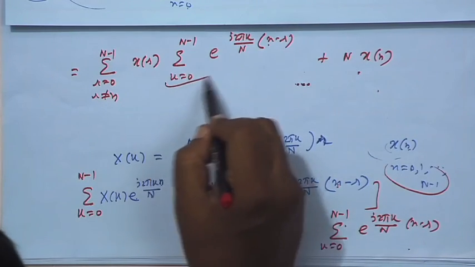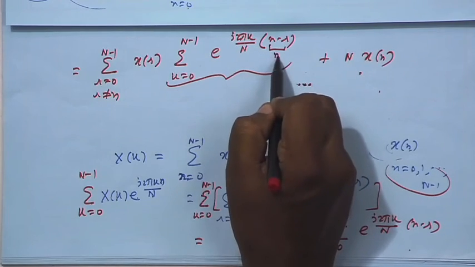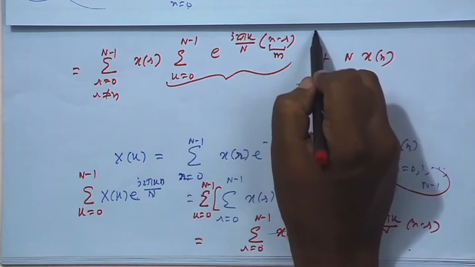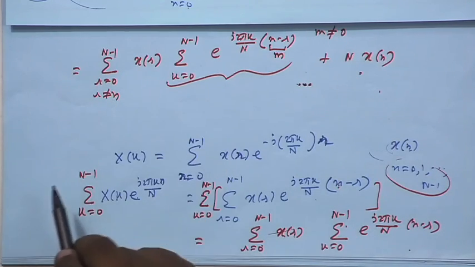Now, what happens to this series? It is a GP series. Call n minus r as m, and m is non-zero because r is not equal to n in this summation.